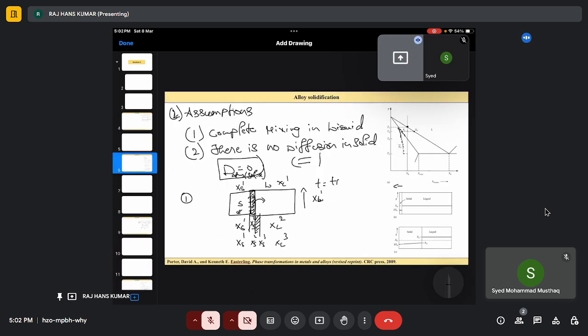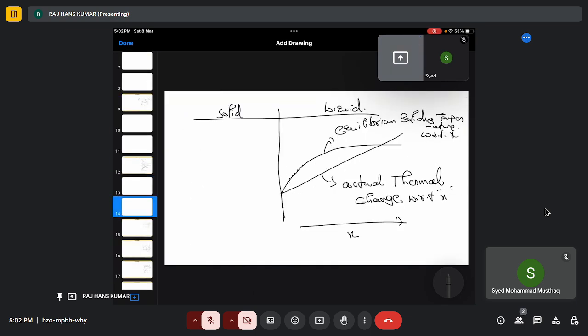You can see here, if XL keeps on changing, then XL also will keep on changing, right? At this T4 temperature, this is stable. Let's say at T2 temperature, this is stable. So that is what is happening here, right? And that's what we see.